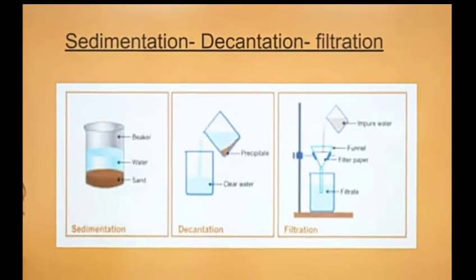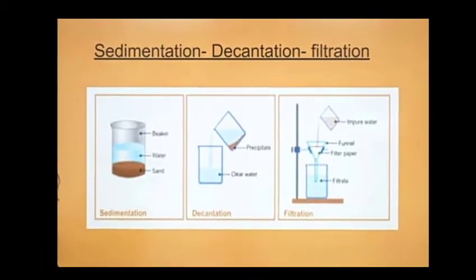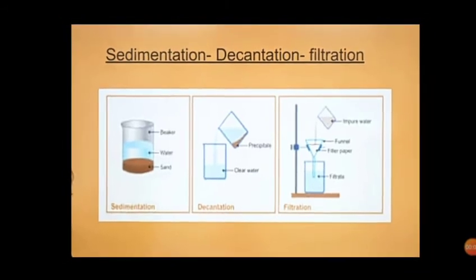So these were the three methods: sedimentation, decantation and filtration. Now let's study the definitions of these three. Sedimentation is a process in which the heavier particles of an insoluble solid in a liquid settle down, and the solid particles that settle down during sedimentation are called sediments.